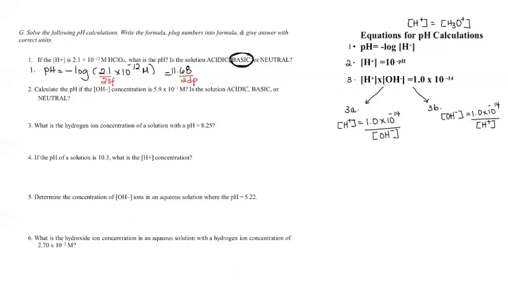Excellent job. We need 3A, because 3A is going to give us the concentration of proton. Once we have the concentration of proton, then we can use which equation to find the pH? Not 3B, not 2.